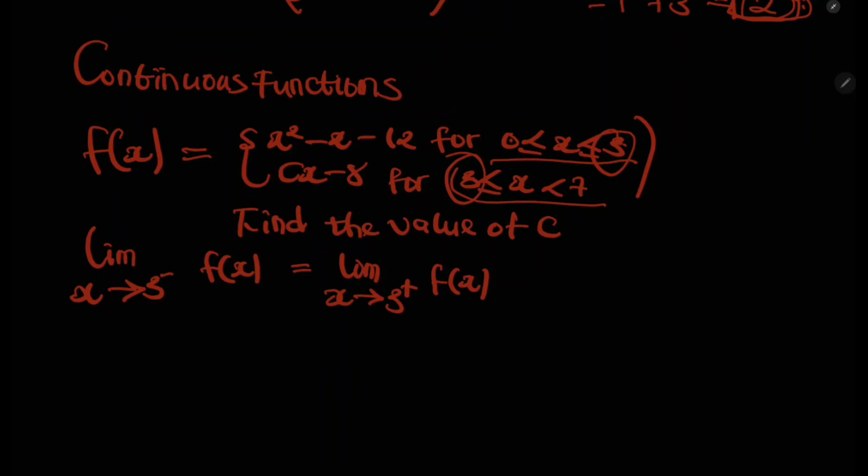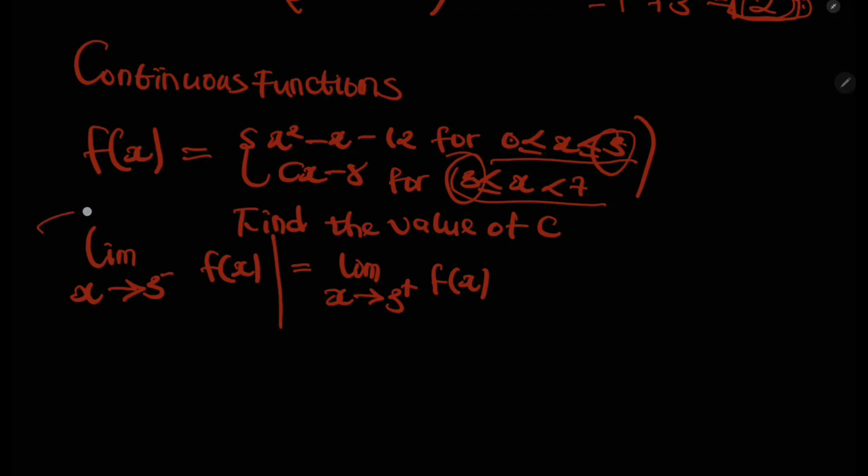Since 3 is our point of continuity, we say since f of x is continuous, then the limit as x tends to 3 minus of f of x is equal to the limit as x tends to positive 3 of f of x. Since x tends to 3, we are going to be substituting x with 3.